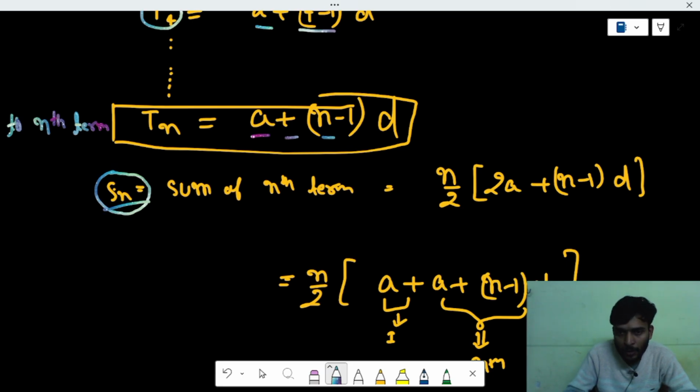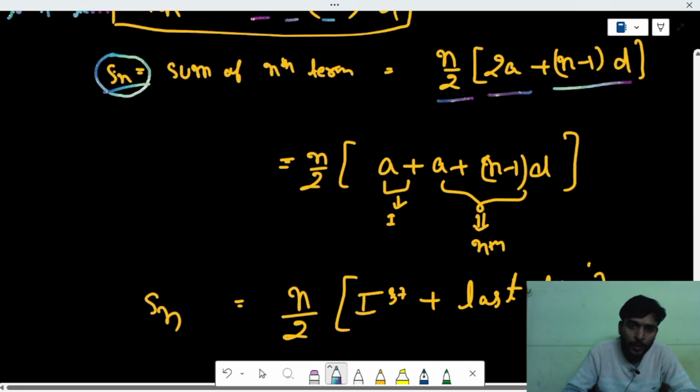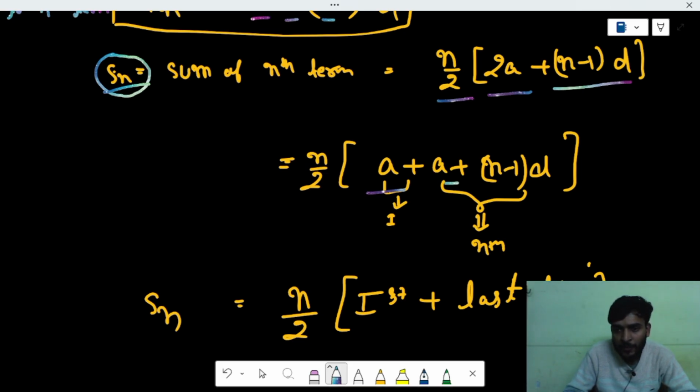Sn equals n by 2 into (2a plus (n minus 1) into d), which we can write as n by 2 into (a plus (a plus (n minus 1) into d)).